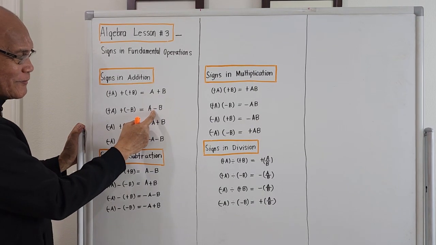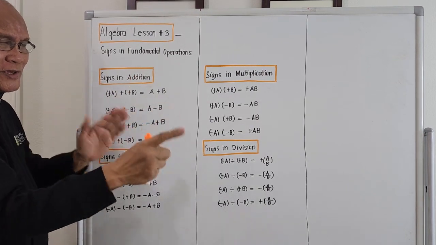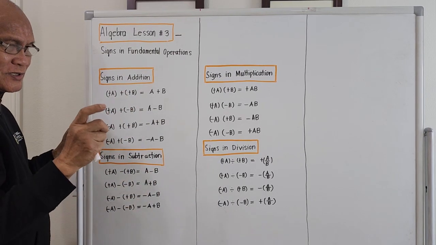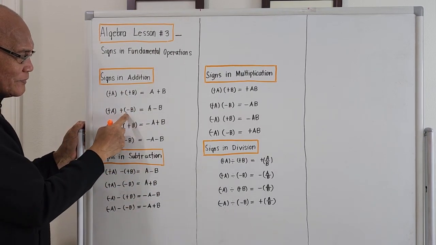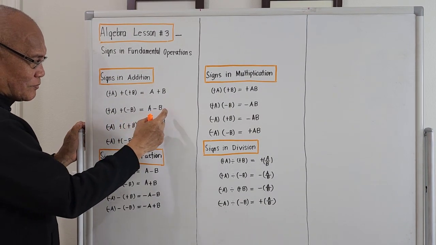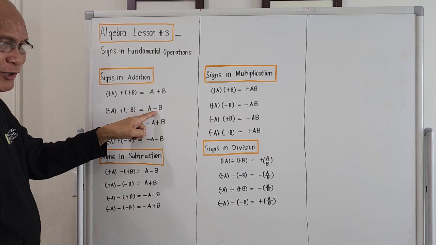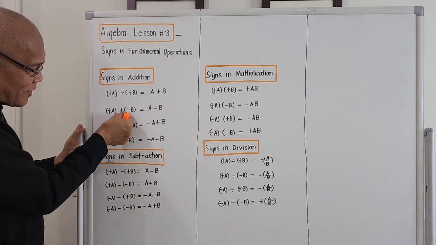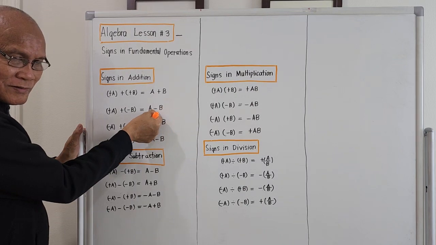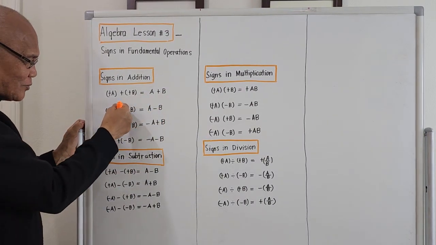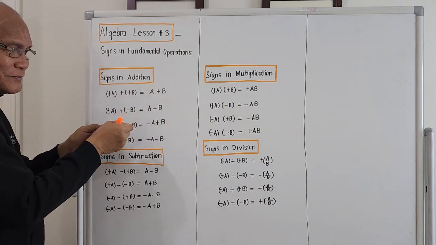But the operation originally was addition. But since the sign of this second number is negative, what will come out will be equal to A minus B. Instead of addition, it will now be minus because a plus and a minus will be a minus. You got it? So the significance of this quantity here is very important.